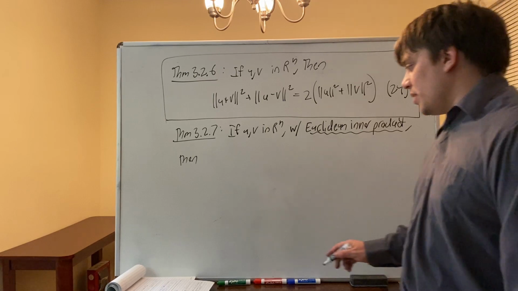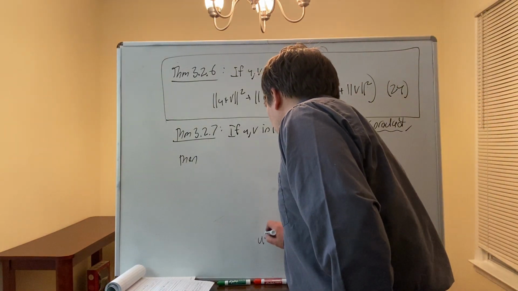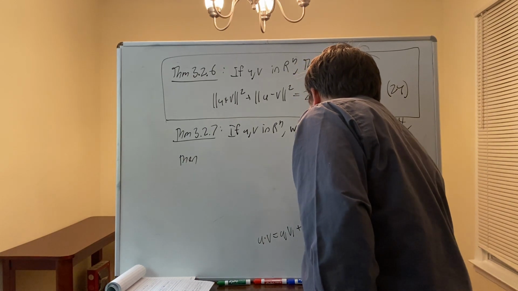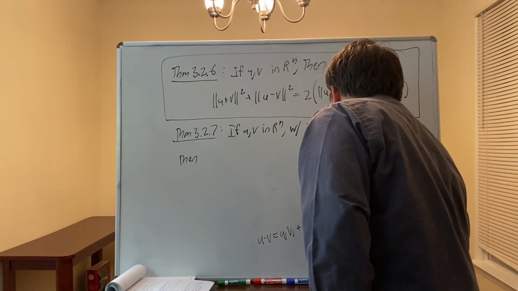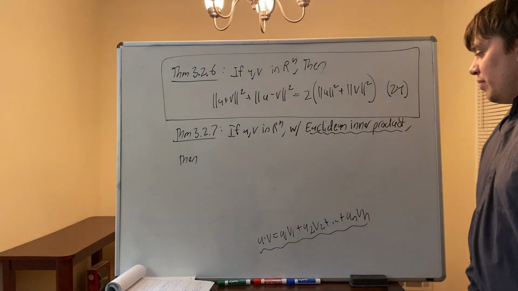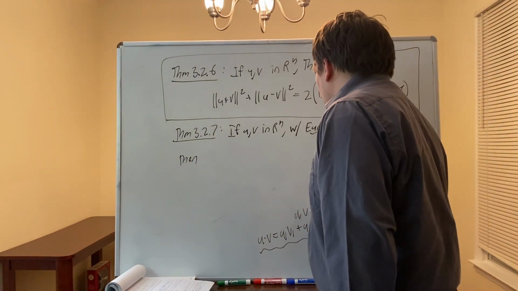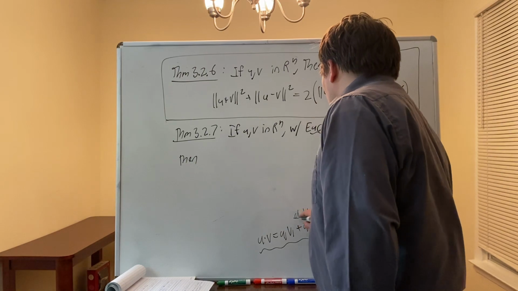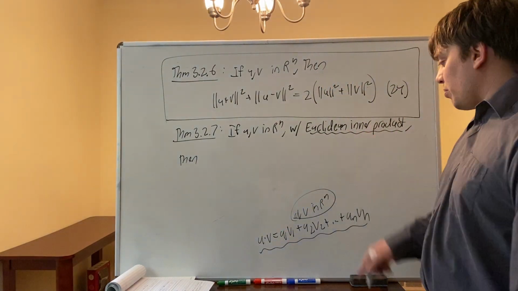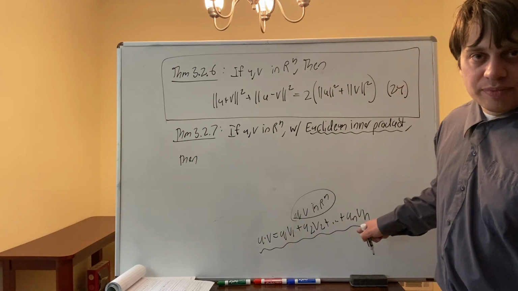Euclidean inner product means the thing that we talked about before, that u dot v is equal to u1 v1 plus u2 v2 plus dot dot dot plus un vn. The Euclidean inner product is saying that if you take two vectors in n space, their dot product is that sum there.